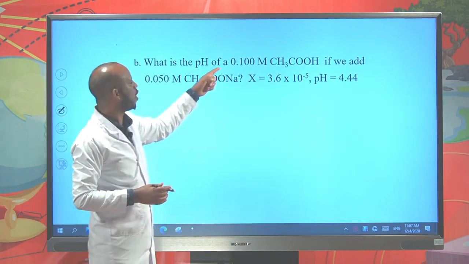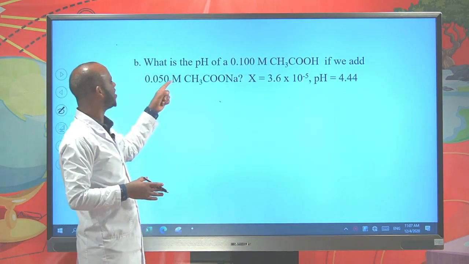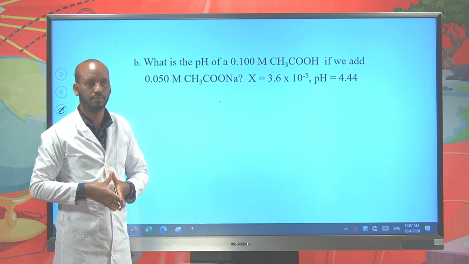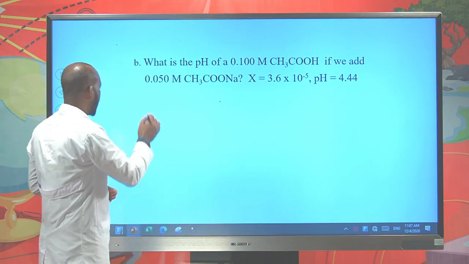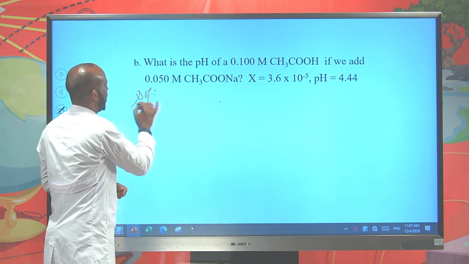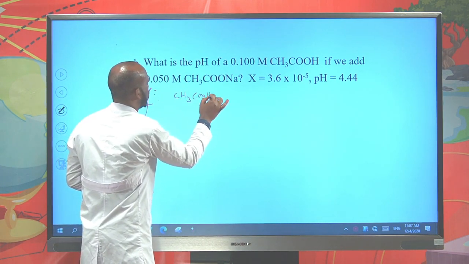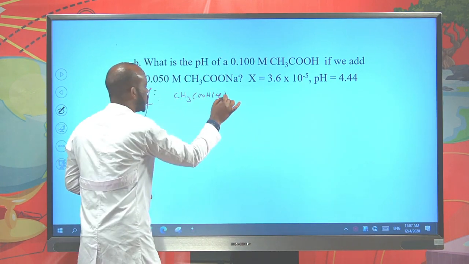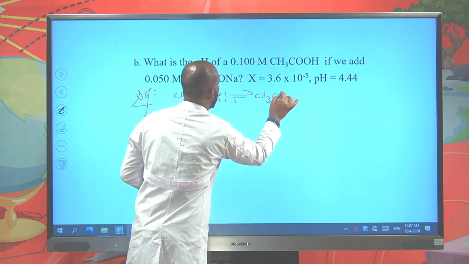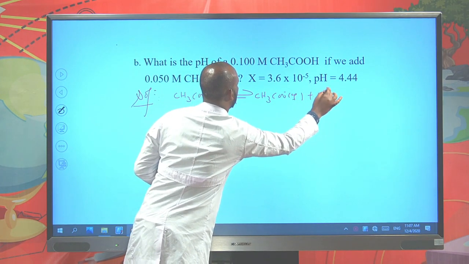What is the pH of a 0.1 molar acetic acid solution if we add 0.05 molar sodium acetate to this solution? Now, acetic acid is a weak acid. Acetic acid, CH3COOH aqueous, slightly dissociates into acetate, CH3COO minus aqueous, plus H plus aqueous.